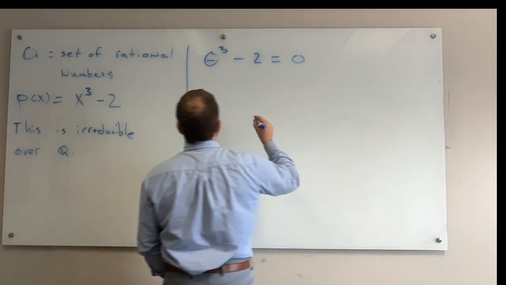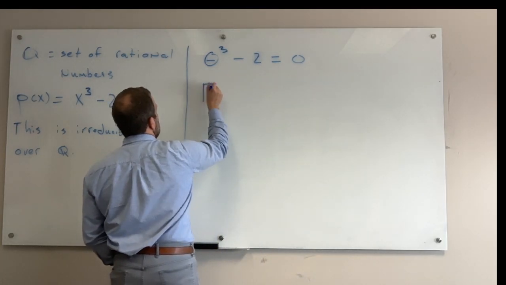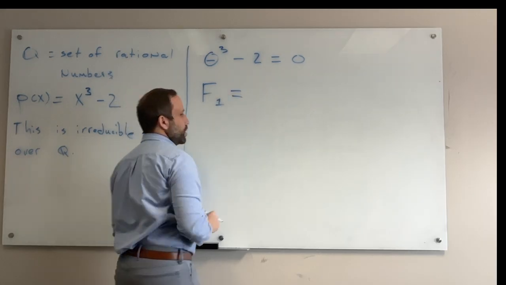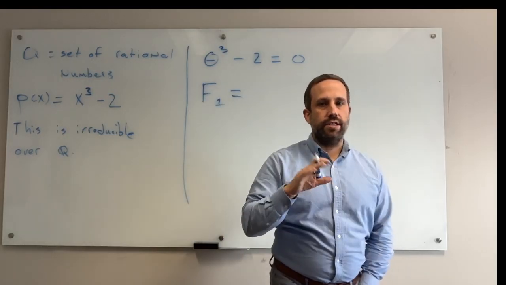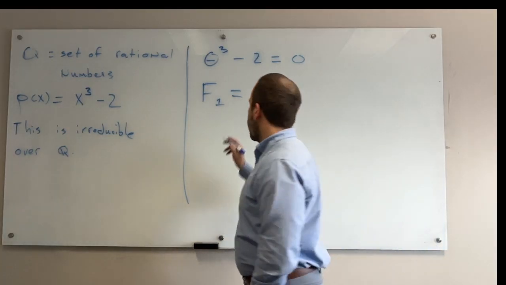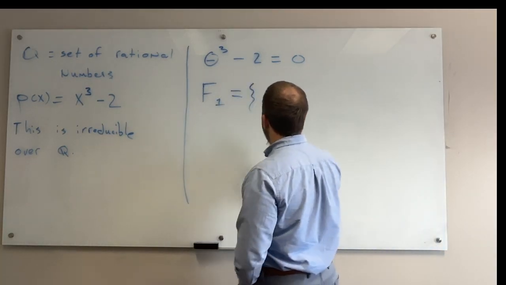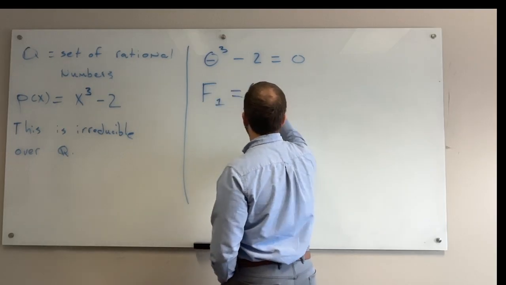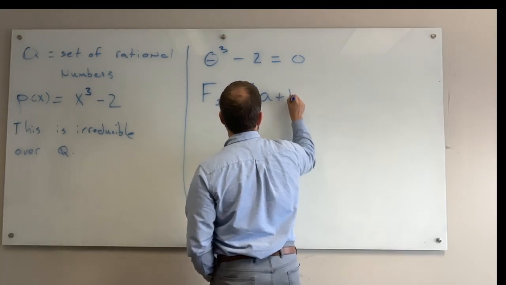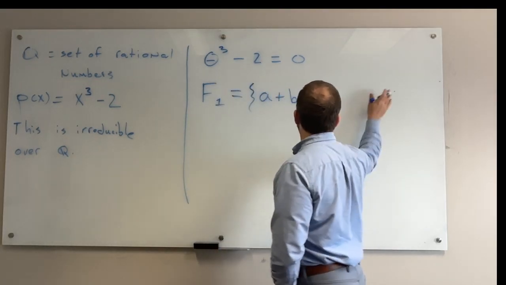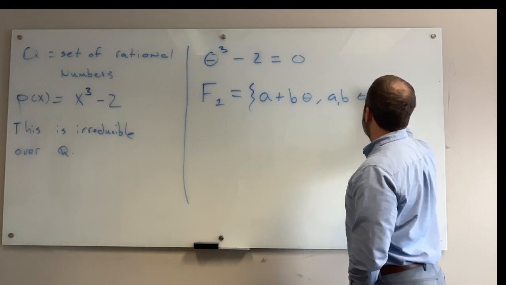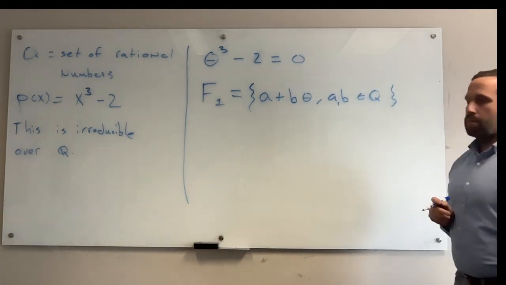Now I'm going to look at F1, and I just want to tell you right now, the thing that I'm about to write is not going to be a field. So we're going to have to modify this. If we again reason by analogy with what we did over here, it's going to look like a plus b theta, where a and b are rational numbers.